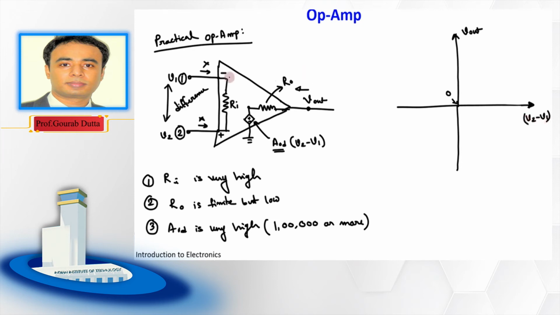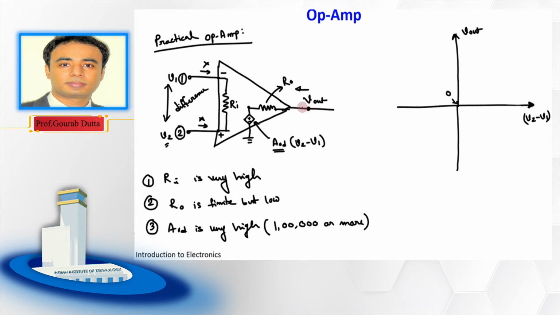In the last page we discussed that when V2 minus V1 is positive, V2 is at a higher value compared to V1. This is the non-inverting terminal, so the output is expected to be positive. Positive what voltage?